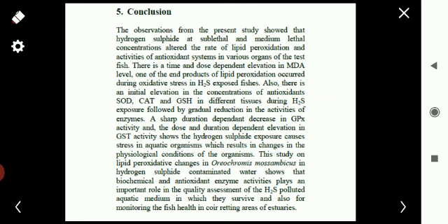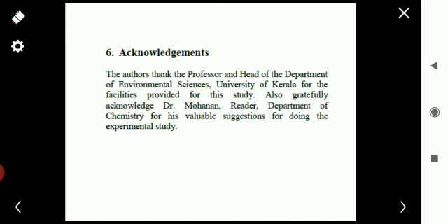The conclusion contains the abstracted information of the entire research work or entire project work. That is the next stage of the research paper.